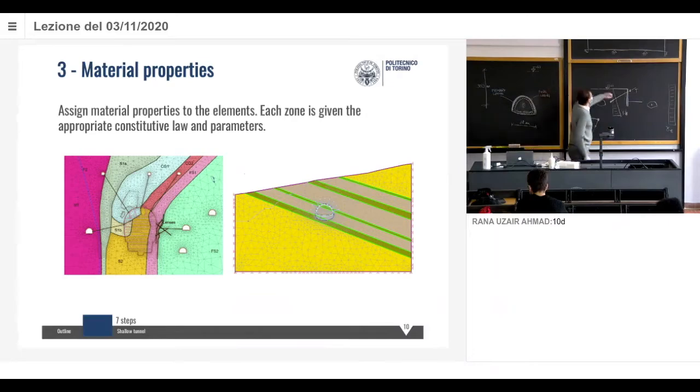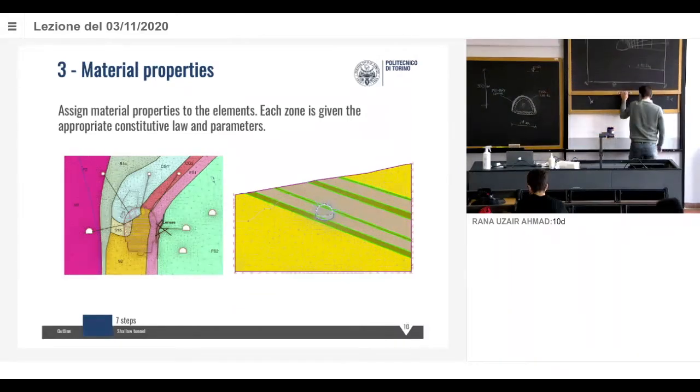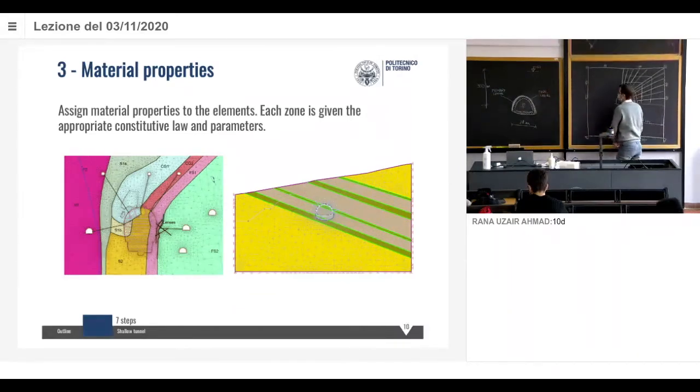Material properties. So let's assume that here we have a homogeneous ground. No, let's assume it's not homogeneous. It's 2 layers. That's maybe easier. So we have a horizontal layer, for example.